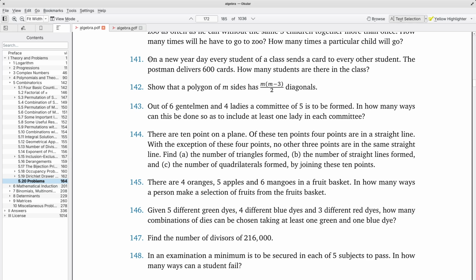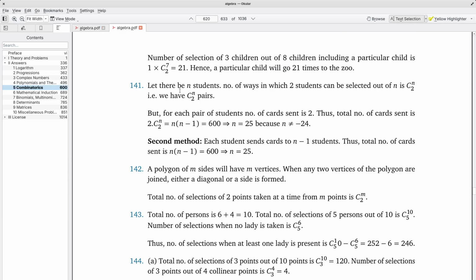Question 141 says that on a New Year's Day, every student of a class sends a card to every other student. The postman delivers 600 cards. How many students are there in the class? So let there be n students.